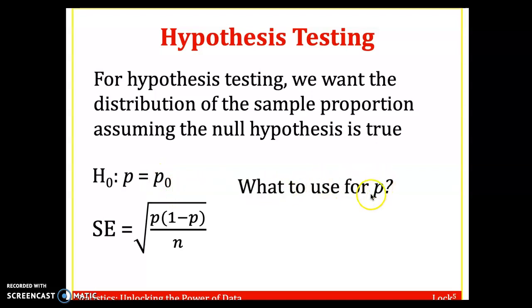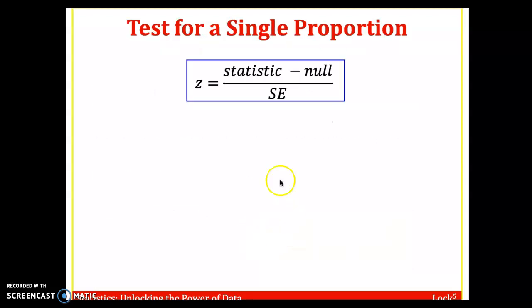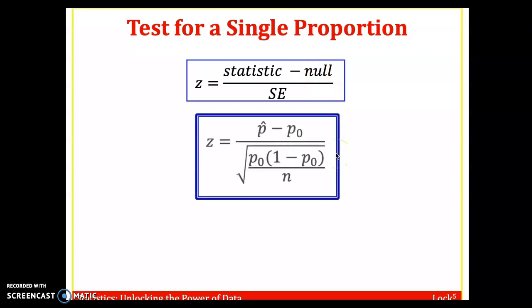So we're going to use that null proportion in our standard error formula. And the test for a single proportion, the standardized test statistic, z, is going to be your statistic, your p hat minus the null, whatever you assume to be true, divided by standard error.